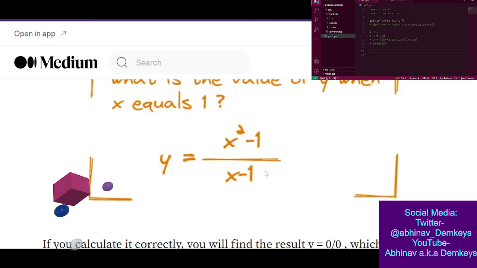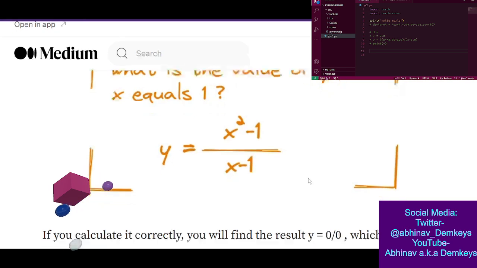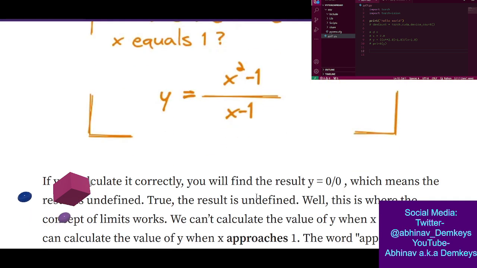Then for the denominator, x is 1, 1 minus 1 is 0. So the answer is basically 0 divided by 0, and you can't divide by 0. That is why the answer is undefined. This didn't occur to me yesterday, I guess because I was just reading it and hadn't mentally tried to solve it. But yeah, we'll get back to this.